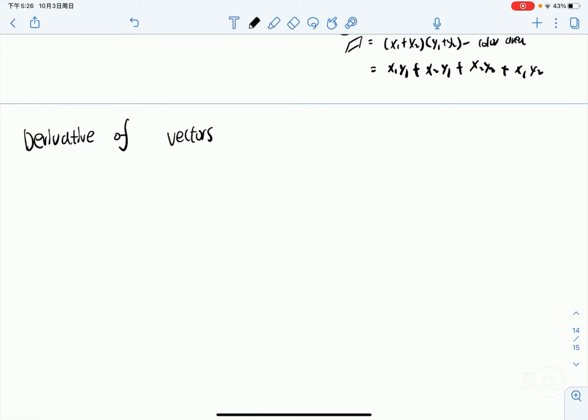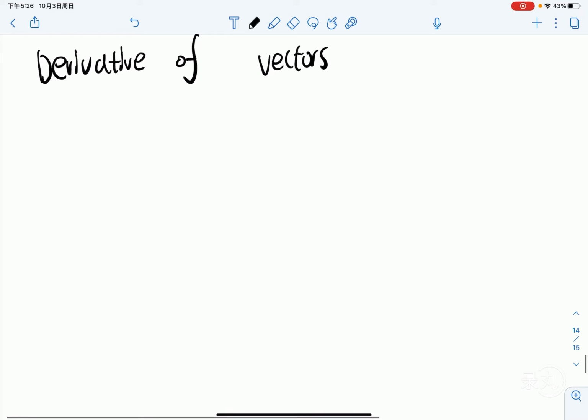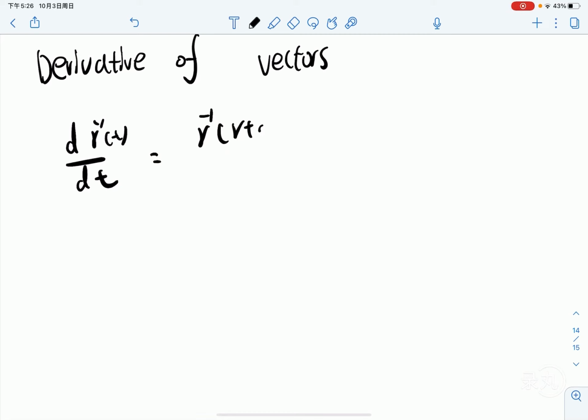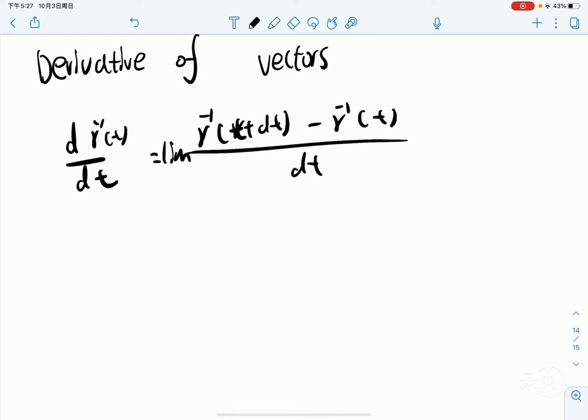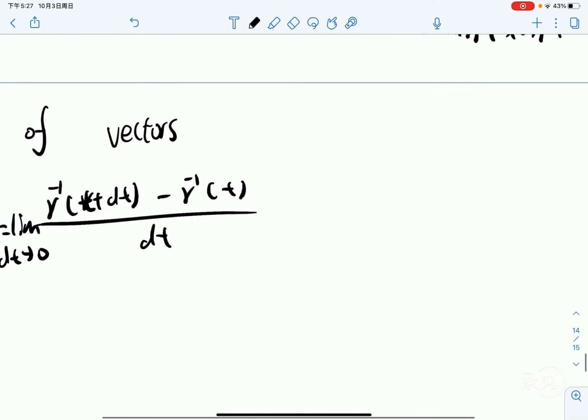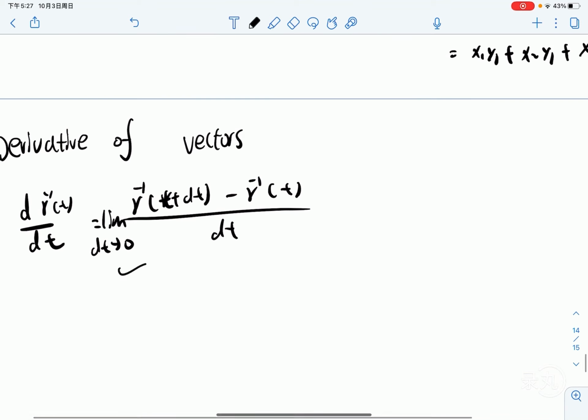And now we're going to do the derivative of vectors. There are some properties. So dr/dt, by its definition, is going to be r(t plus dt) minus r(t), divided by dt, with dt approaching 0. This is basically the way you evaluate this.